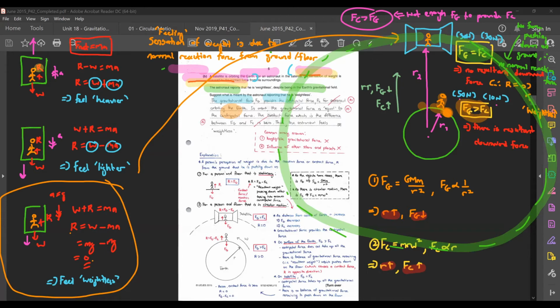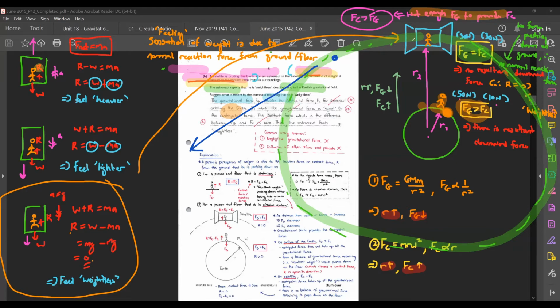So it's something similar here also. If your satellite moves too far away, or it moves too fast, your speed increased by a lot such that centripetal force increases, you will not have enough gravitational force to provide your Fc. So at that point, what will happen is that your satellite, let's say it's over here, will just move off at the tangent.